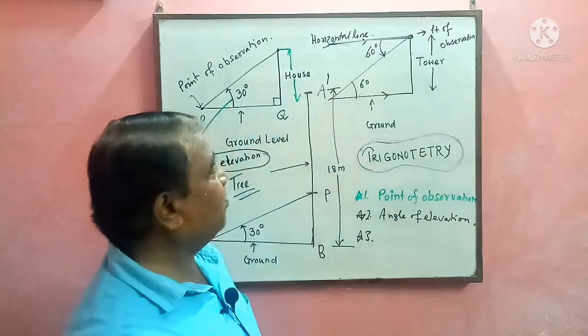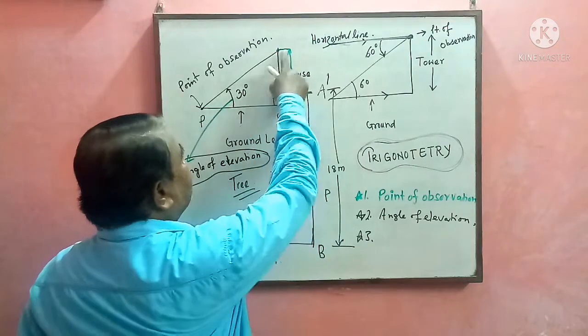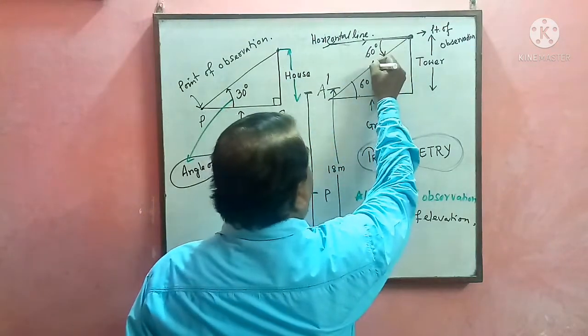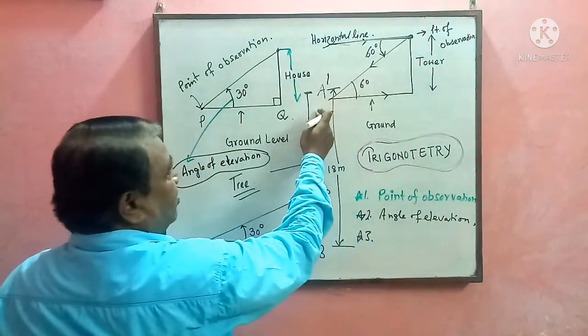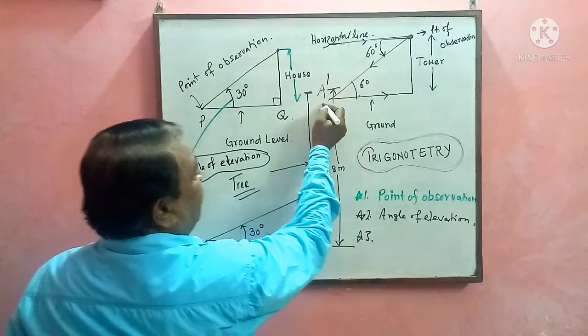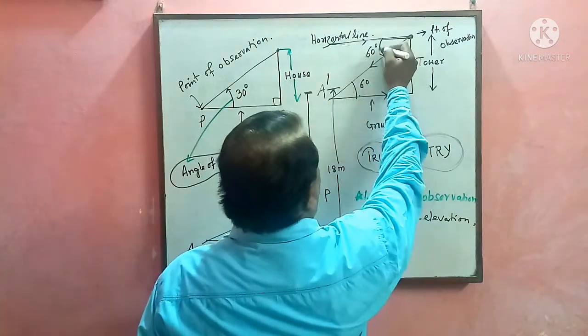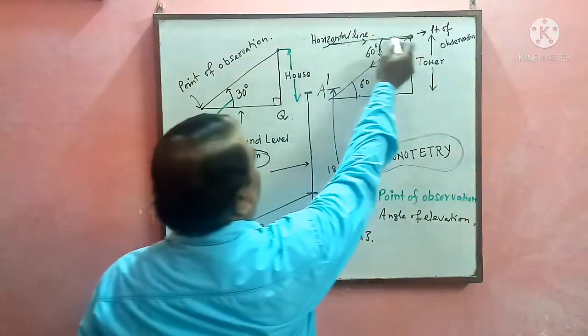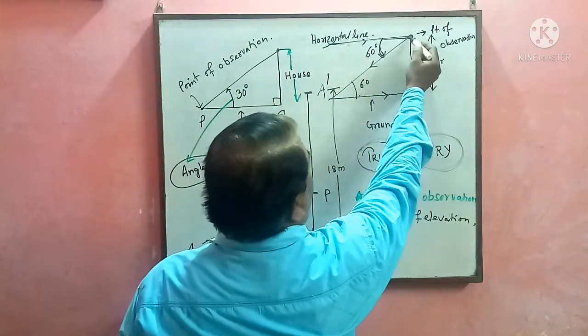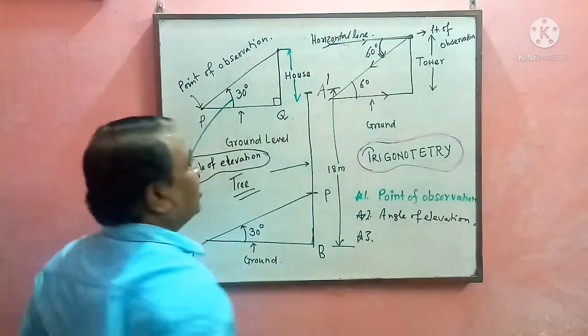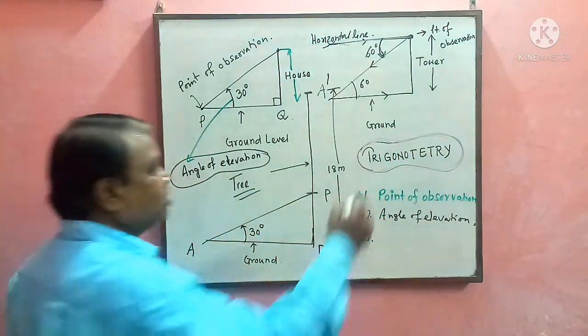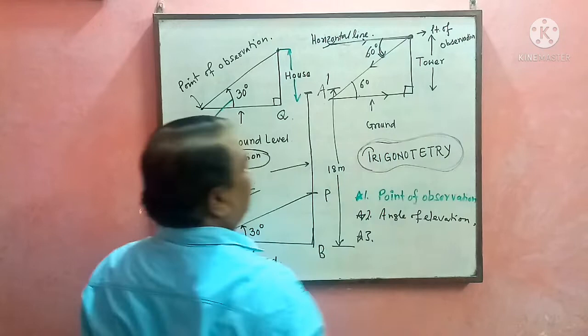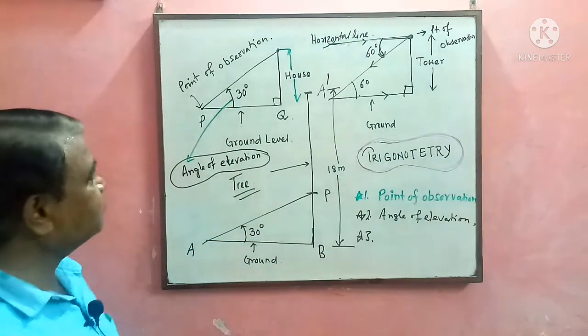Seeing up, it is elevation. If I am seeing in this direction, like this way, at this point you are having the class, so this is your angle of depression. It never makes an angle with this height. This tower obviously stands on the ground at an angle of 90 degrees.